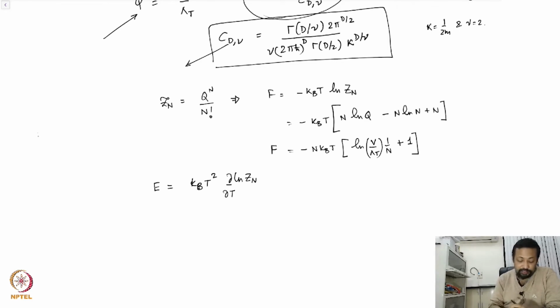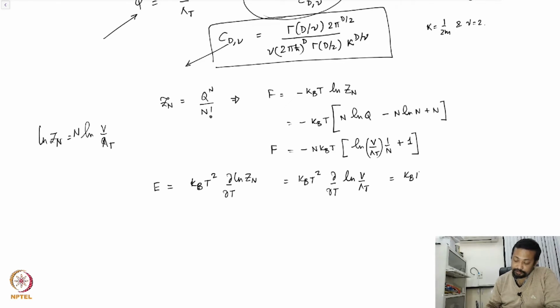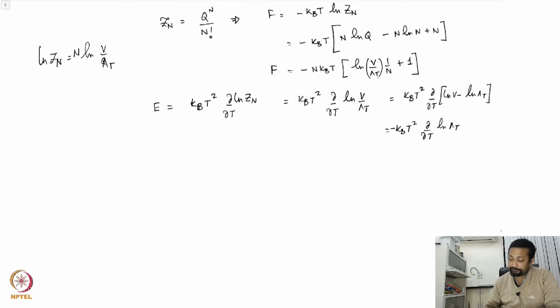And if I look at ln of Zn, it is ln of v over lambda t to the n, which is kB T squared del T of ln v over lambda t, which is kB T squared del T of ln v minus ln lambda t, and therefore you have kB T squared times minus del T of ln of lambda t, right?